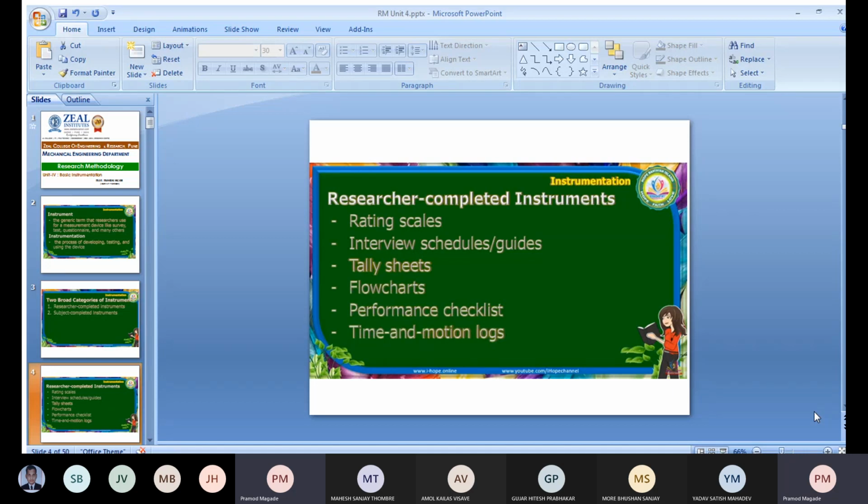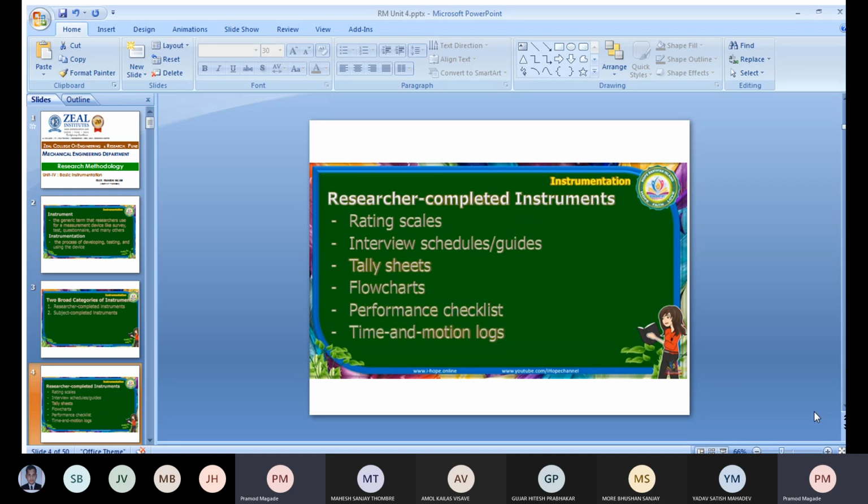Next, for completion of the research, the researcher requires some guidelines. That's why guides are there. A guide is required every time. While doing the UG project, you have a guide. While doing a company sponsored project, you have a guide, that is your HOD. While doing the master's project, you have a guide. A company guide is also required.